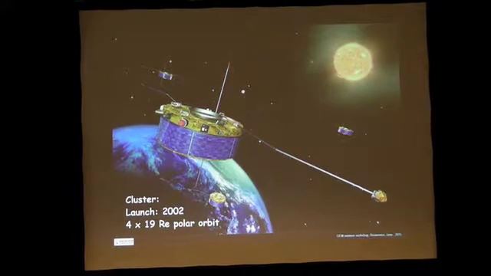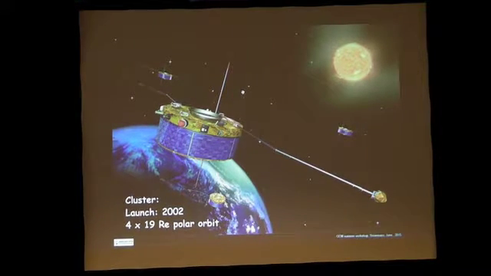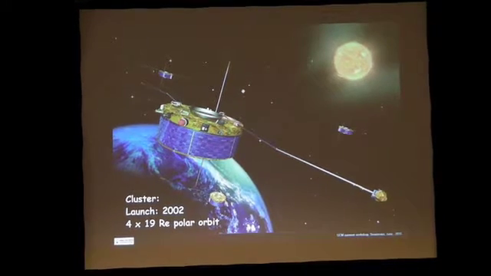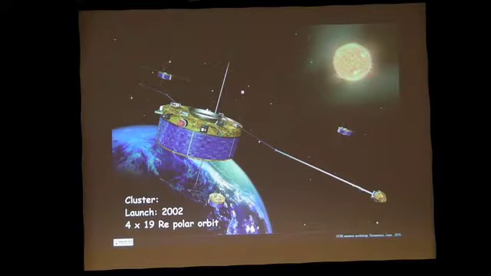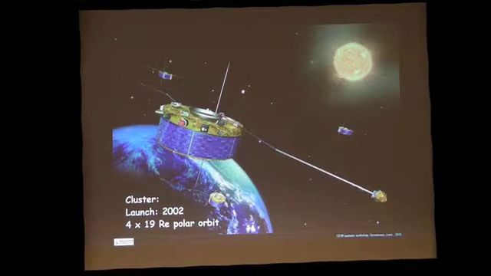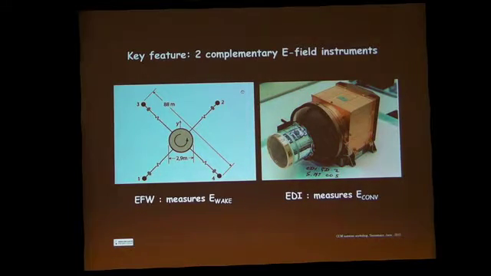For those not familiar, Cluster is a four-spacecraft ESA NASA mission launched not in 2002 but in 2000. It has a roughly 4 by 19 RE polar orbit, so it goes through the lobes across the polar cap, so it is very well suited for doing outflow studies at high altitudes. The key feature of the Cluster spacecraft is that we have 2 complementary electric field instruments.